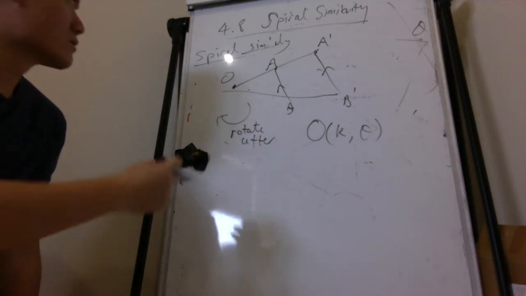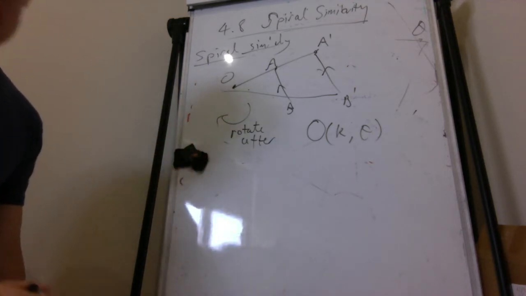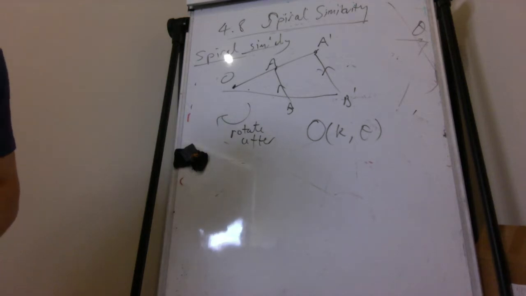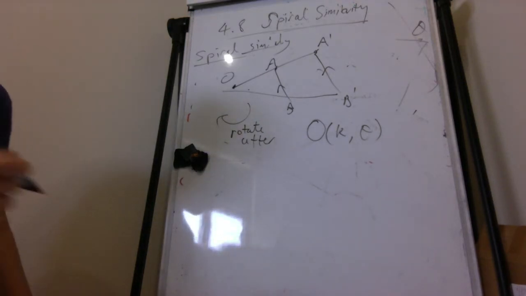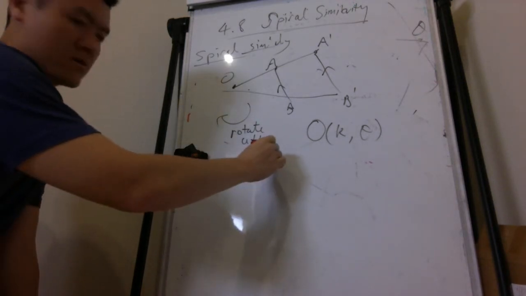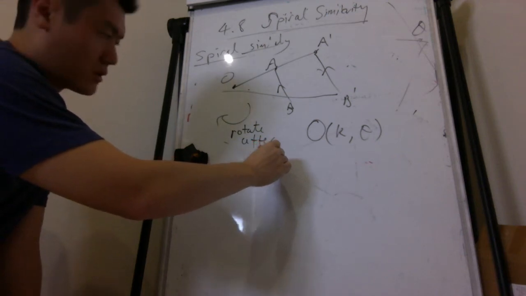Okay, so here's the spiral similarity diagram, which I don't think they say anything about, do they? So you have a triangle like this.